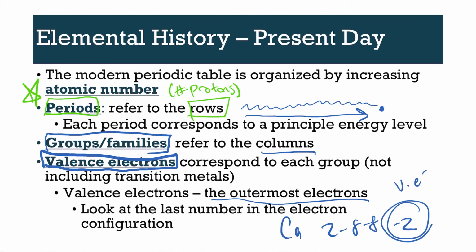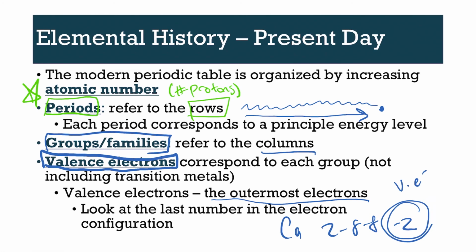And if you look closer, everything in group 2, so that second column, all of those elements have the same number of valence electrons. If you look at group 16, everything in that 16th column has 6 electrons in that valence electron spot. So for groups 1, 2, 13, 14, 15, 16, 17, and 18, that tells you the number of valence electrons.